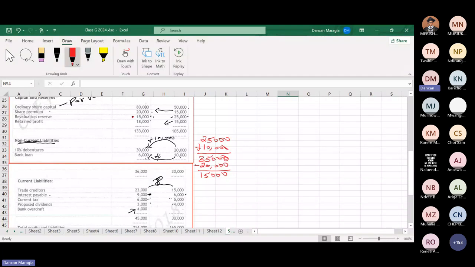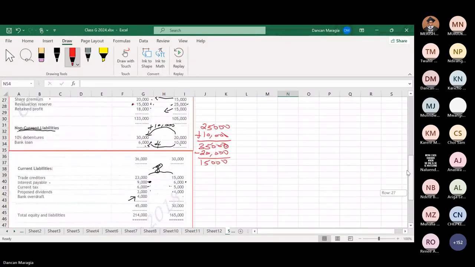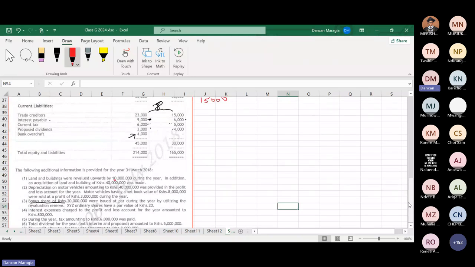Then you start looking for the other figures. Which approach works for you? You can start by adjusting the other figures, and then see which approach works for you, or you can take all the calculations first.